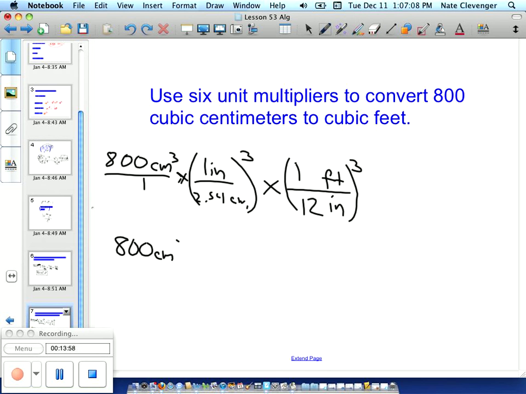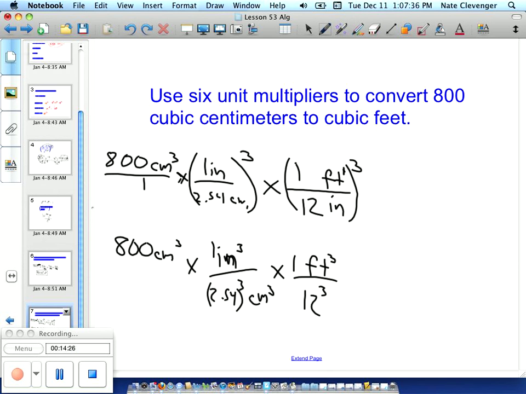So let me go ahead and show you the arithmetic, even though we wouldn't normally do this. We have 800 centimeters cubed, times inches cubed over 2.54 cubed centimeters cubed, times the 1 to the 3rd is still 1. I'll write that in there, 1 feet cubed, because the foot has an exponent of 1 on it, over 12 cubed inches cubed.